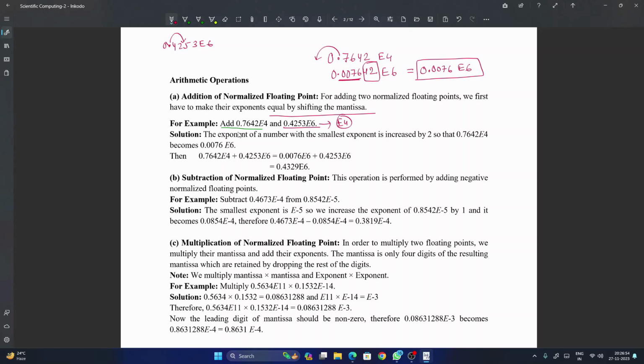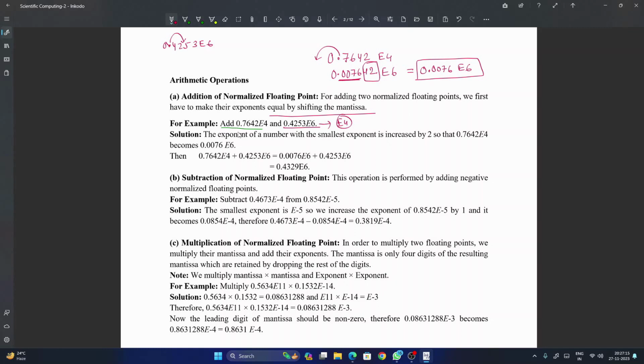And it means it is not a normalized number, because in a normalized number we are saying that on the left-hand side there is only 0, but here you have 42.53 into E4. This is not a normalized number, and that means you can't use the addition method here.